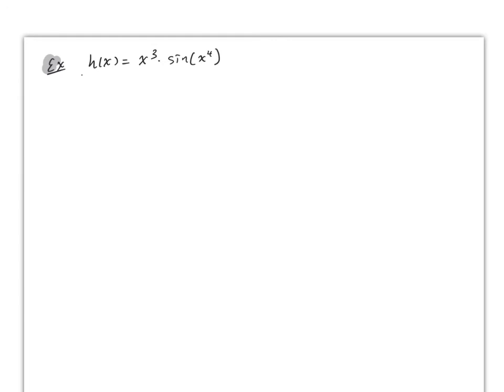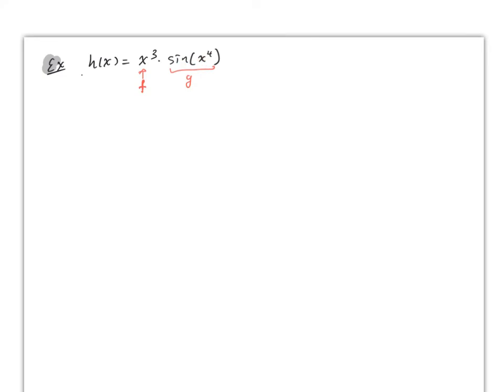All right, so here we have f, and this is g, so this is a product. First you have to use the product rule, and then since this is a composition of two functions, you're going to have to use the chain rule for this part.